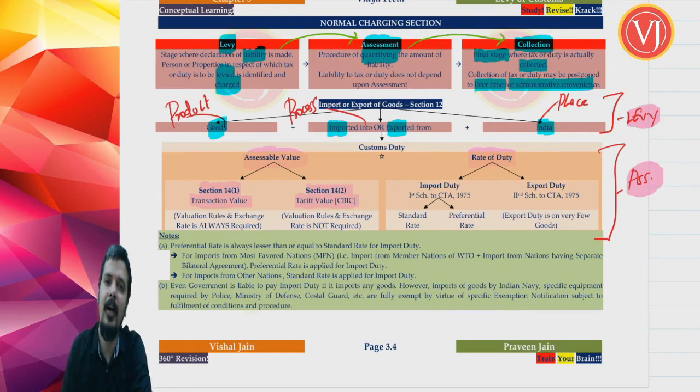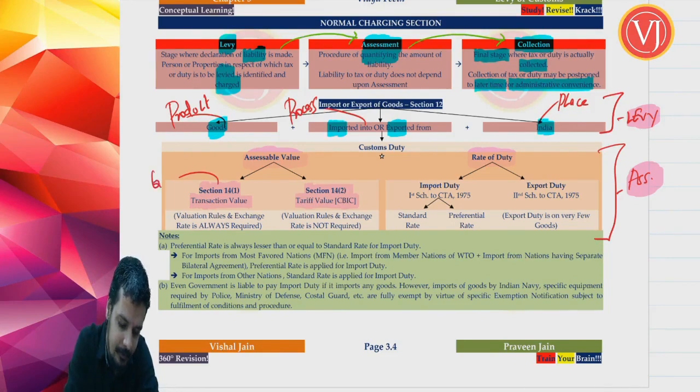So, normally your valuation is under section 14, subsection 1, where you are going to focus on transaction value just like your GST. Section 14, subsection 2 is for notified goods by central government, where tariff value by CBIC will be there. Now, friends, section 14, subsection 2 is only for notified goods. So, what is the general valuation provision?